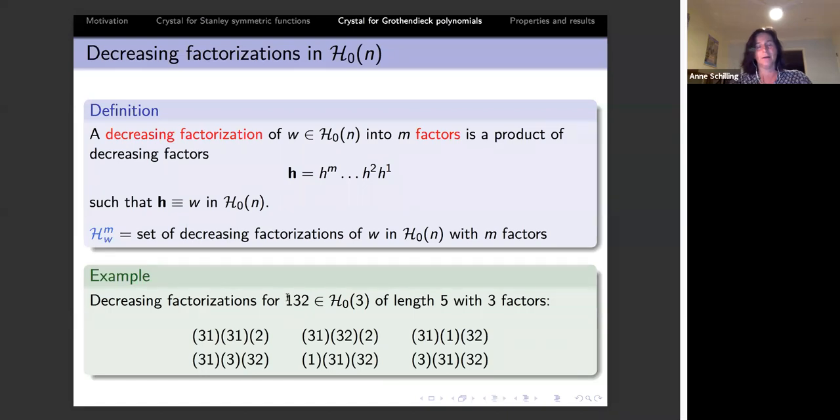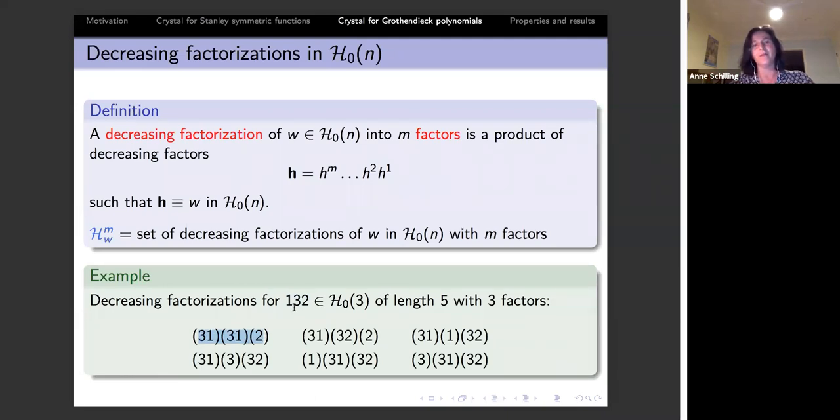And here's an example. If you take the permutation 1, 3, 2, by this I mean S1 times S3 times S2. This is not the one-line notation; this is viewed as a product in the simple generators. But for example, this word, forget about the brackets: 3, 1, 3, 1, 2.